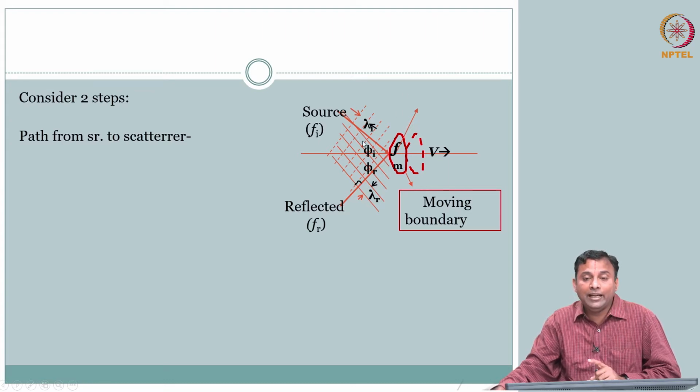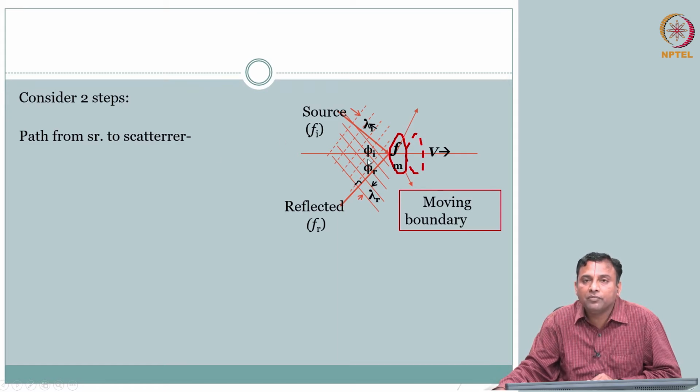Ideally it would be just c, the phase velocity in the medium, but now this object is also moving with a v. So there is going to be an effective velocity of the incoming waves because of the relative movement.